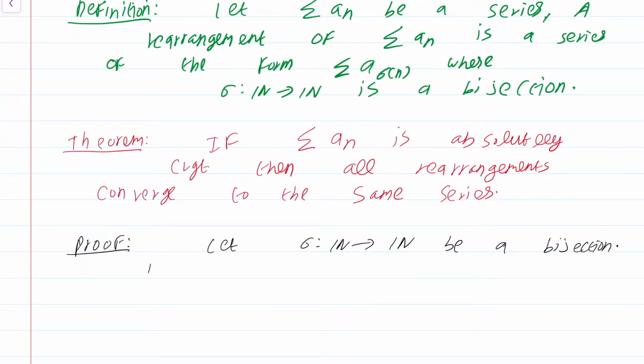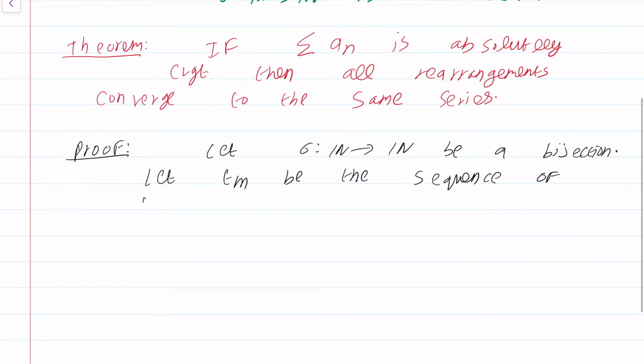Let Tm be the sequence of partial sums of summation mod a sigma n. I look at the rearranged series with absolute values, of course, and look at the partial sums.